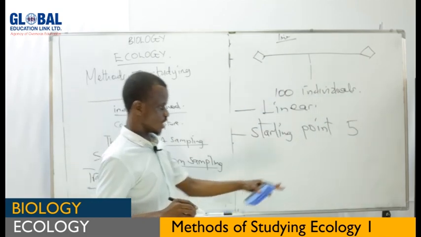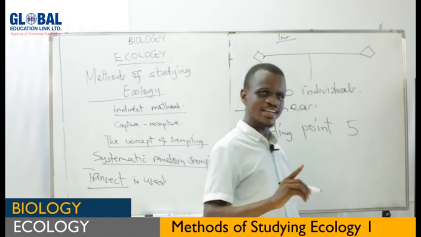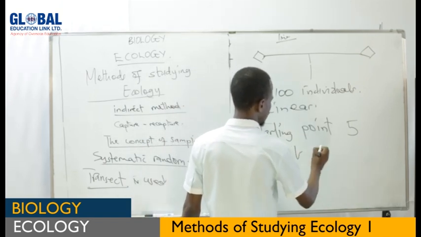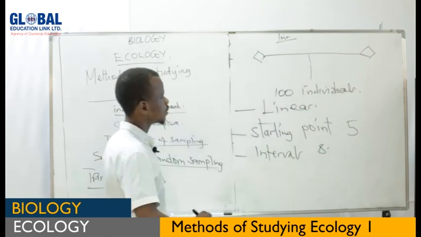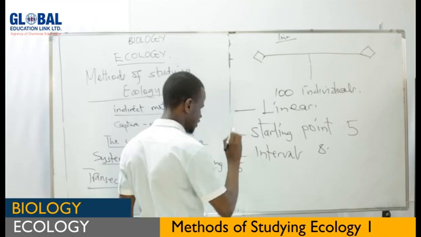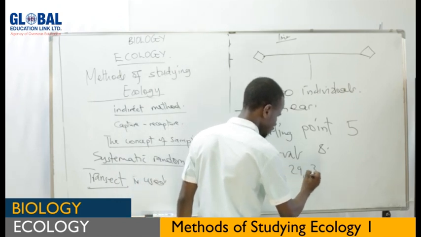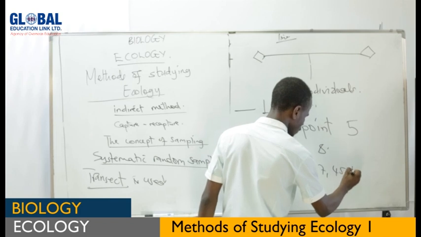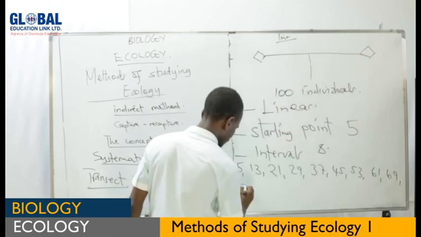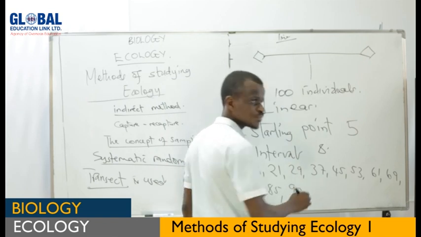After counting, individual 5 is taken as a sample. Thereafter, you will select the interval. Let's say our interval is 8. If we go together here, individual number 5 will be taken as a sample, number 13, number 21, 29, 37, 45, 53, 61, 69, 77, 85, and 93.